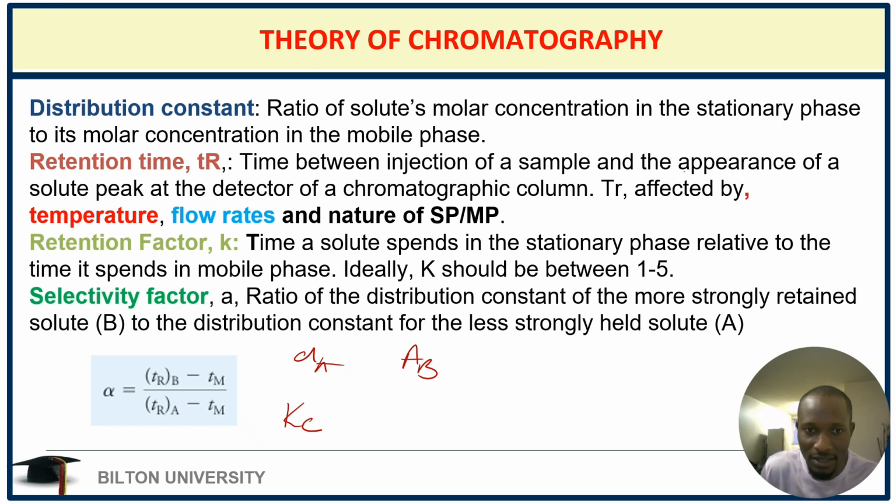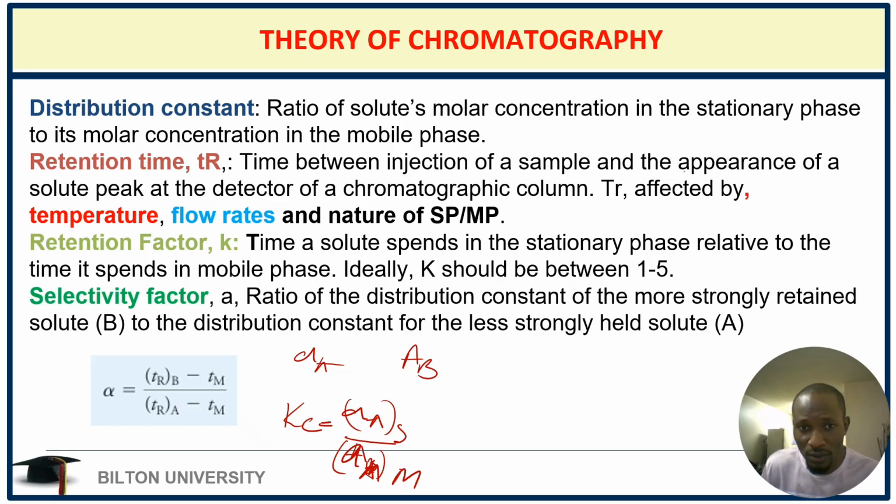So we can say the distribution constant Kc could be the activity of solute A in the stationary phase over the activity of the same solute A in the mobile phase. So we look at one solute at a time.